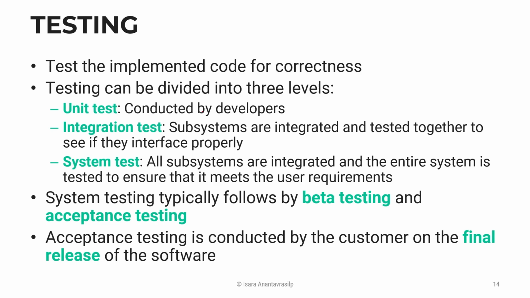Normally, we can divide testing into three groups or three types, right? The first one is the unit test. Unit test is usually conducted by developers, the guy that implements this subsystem, this component, this function, this unit. It is a simple test normally, okay? What is the input? What is the output? Something like what you do during your first programming lab.